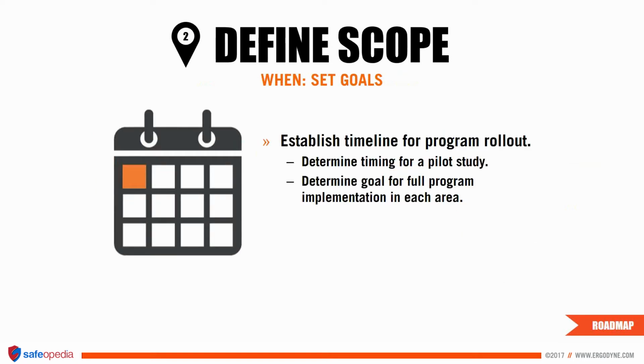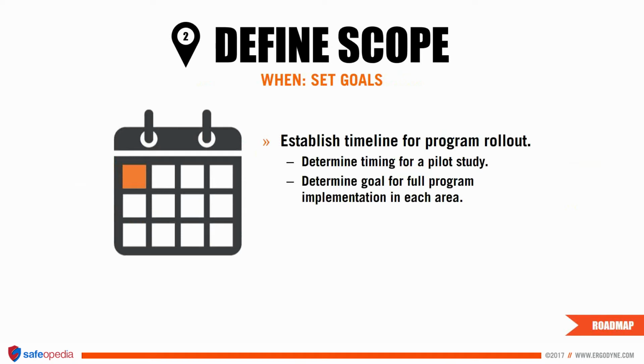And then set goals. The planners that are on the call, if my wife was on the call, she would be one of these people. Establish a timeline, okay? Make sure you set a parameter so you can do a pilot study within, let's say, 30 days, or make it 2 weeks. But don't let something just go on forever or it's going to fizzle out.